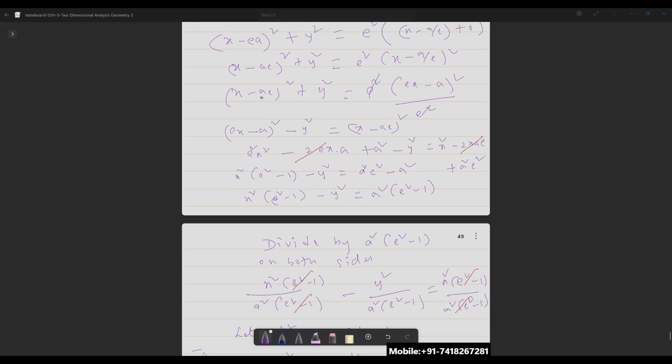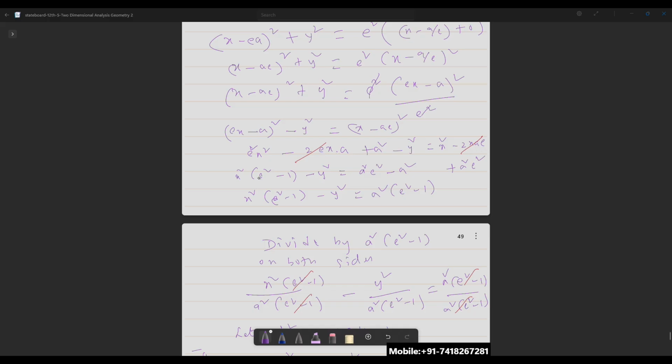On expansion, using the (a minus b) whole square formula, e square x square minus 2 into ex into a plus a square, minus y square, equal to, again by the (a minus b) whole square formula, x square minus 2 into x into ae plus a square e square. So here we have 2exa and here 2xae.